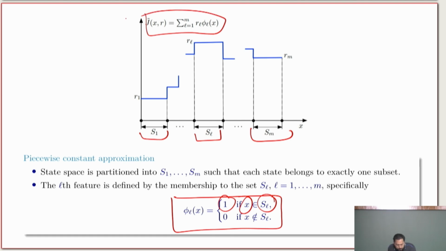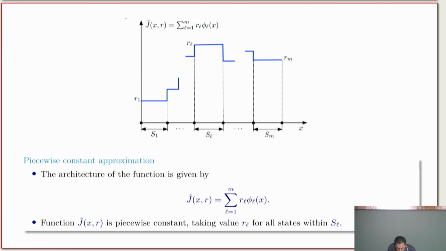So then you can build a function approximation like this. So this is again a cost approximation. This is the cost approximation we are talking about. This is done via piecewise constant approximations.